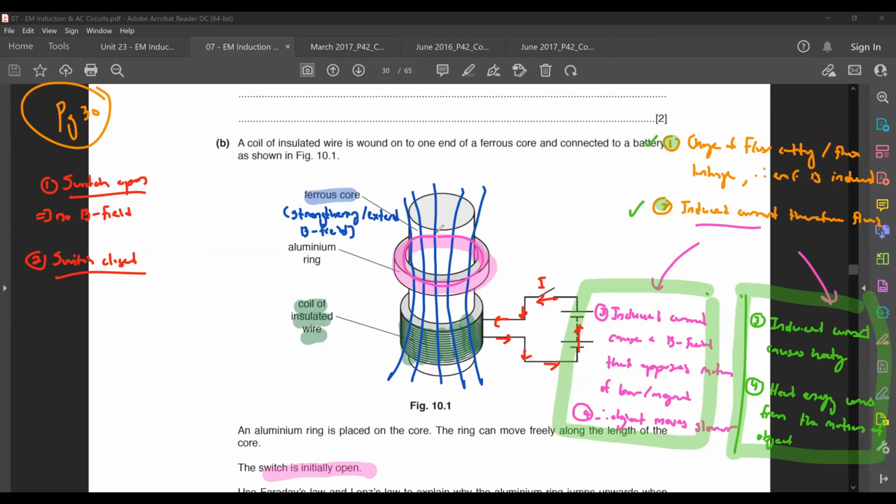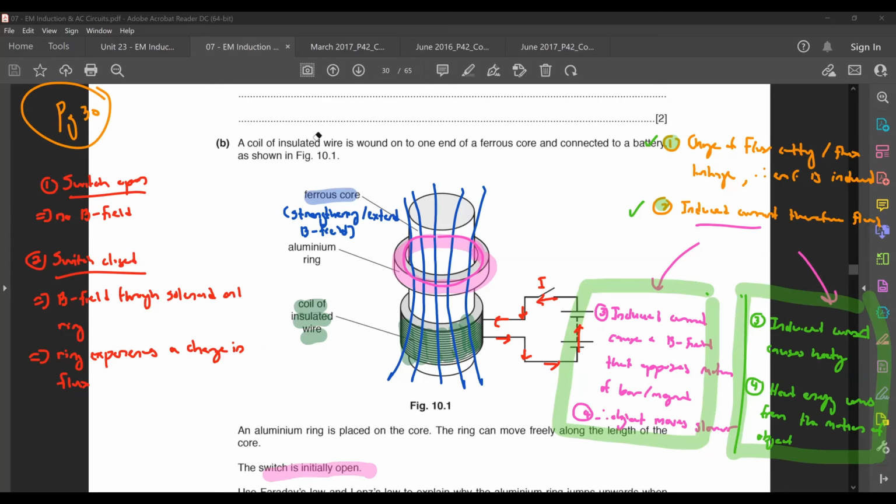Here, you would have the B field through the solenoid and the ring. Now the ring itself experiences a change in magnetic flux.